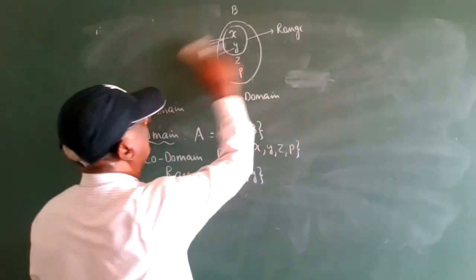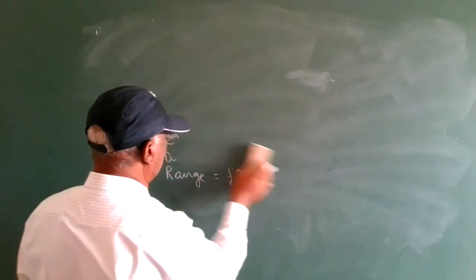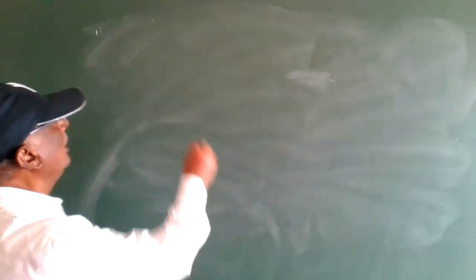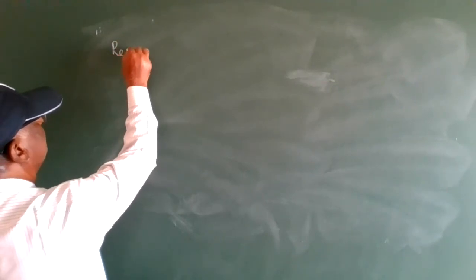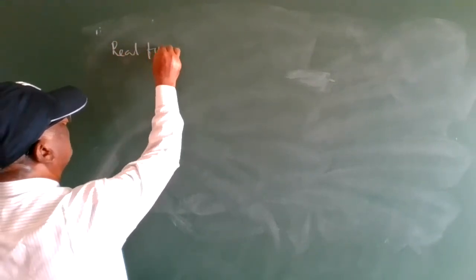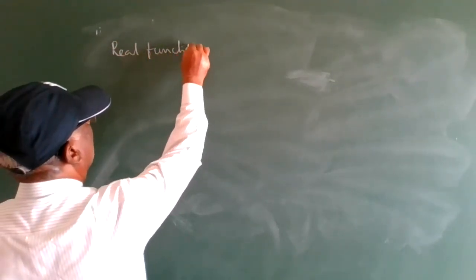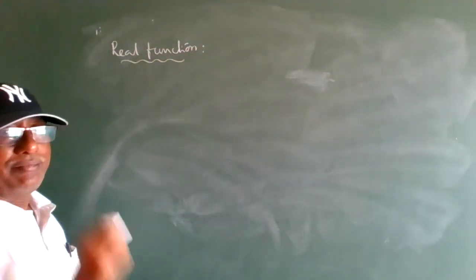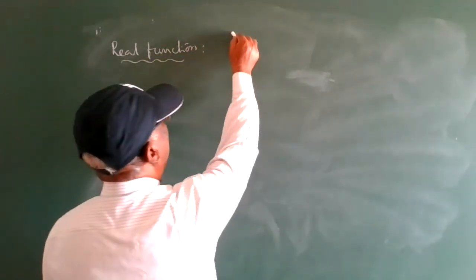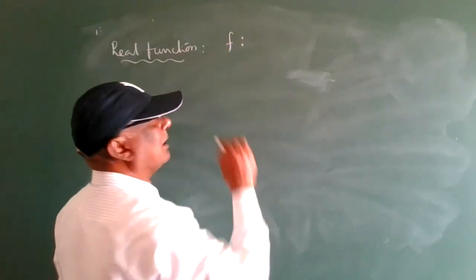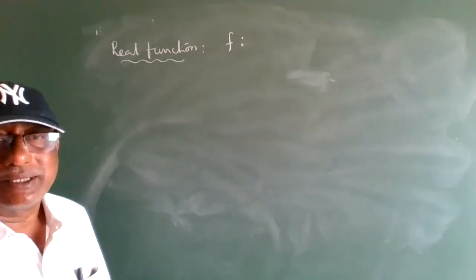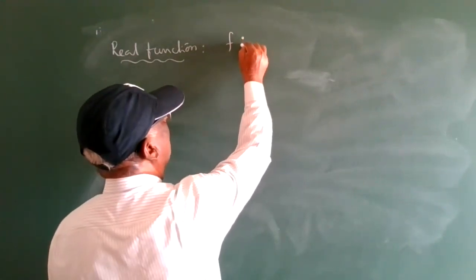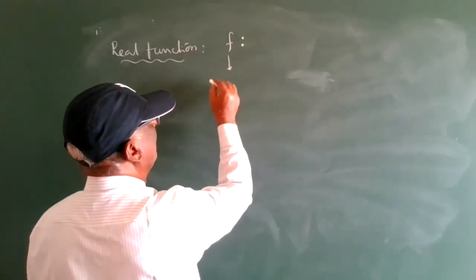The symbol of a real function is F. The function symbol is F. Two dots are called 'such that'. So our mapping, two dots. This is the symbol for a function.